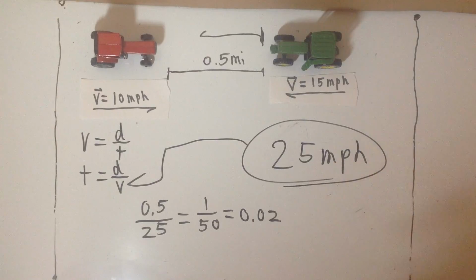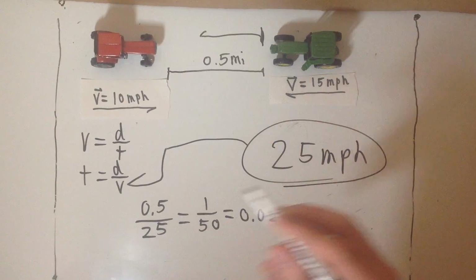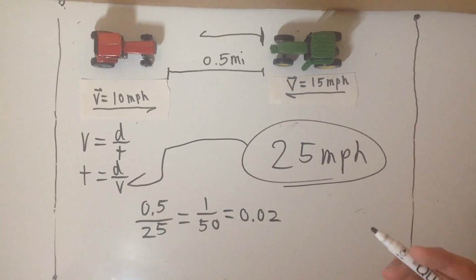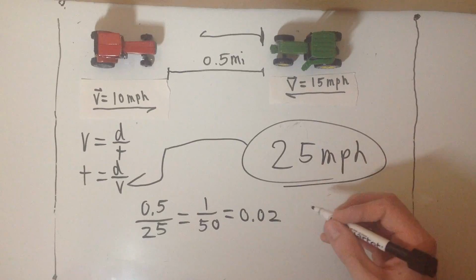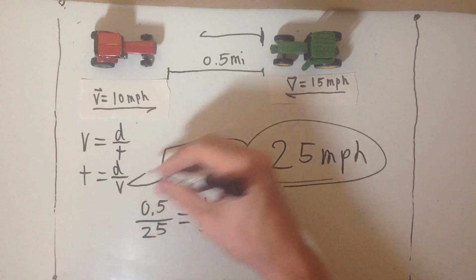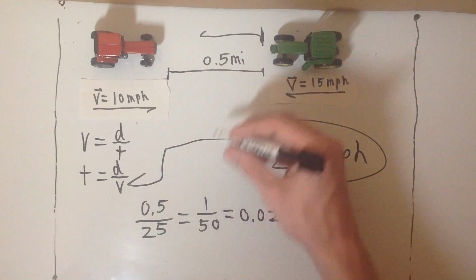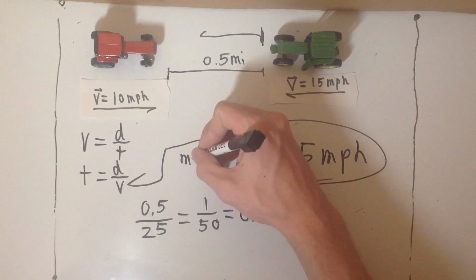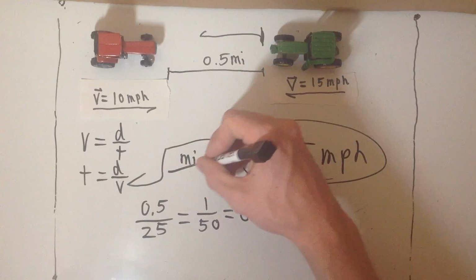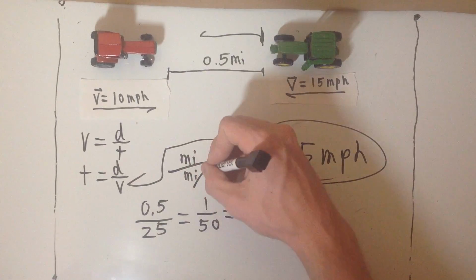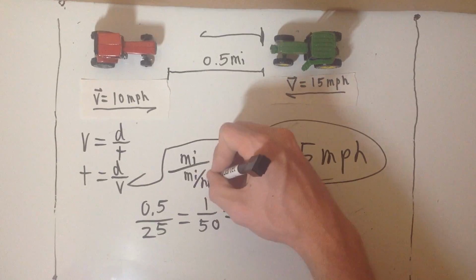And so then for our units, once again, let's think through this. It's always good because when in doubt, just write your units out and it will make the problem make sense. So we have our velocity underneath our distance. Our distance is in miles, and we have that over our velocity, which is miles per hour.